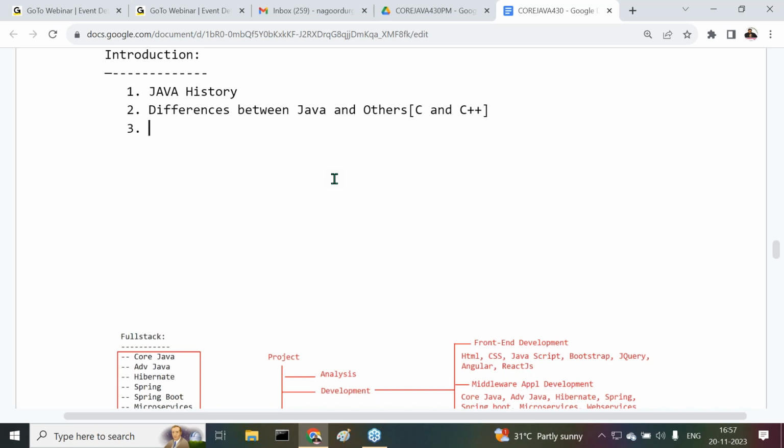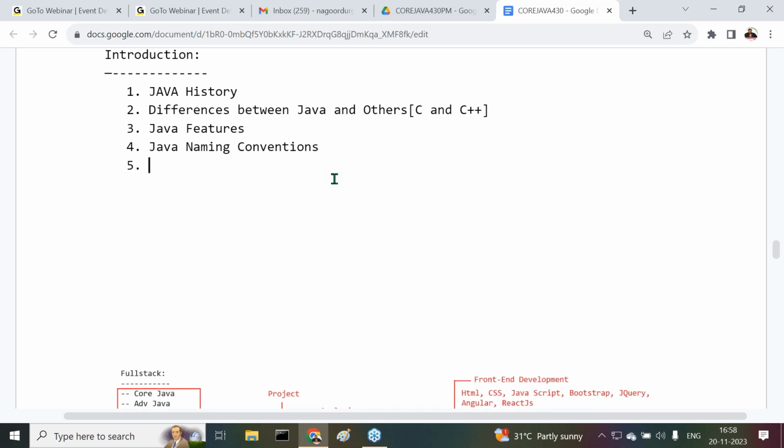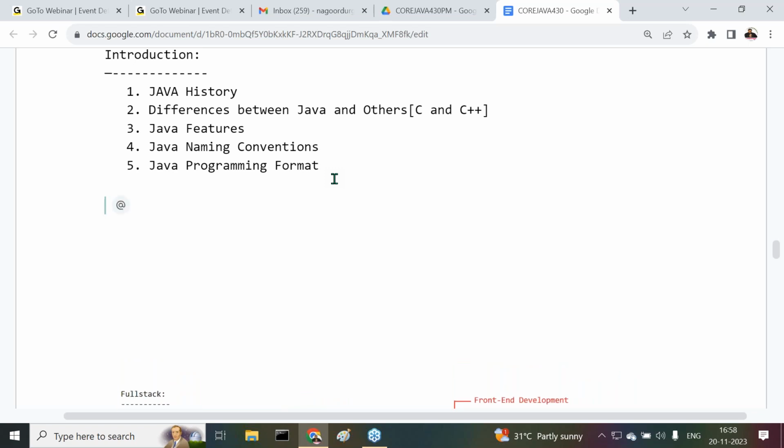Next, Java features, Java naming conventions. After this, Java programming format. These are the topics you have inside this introduction part.